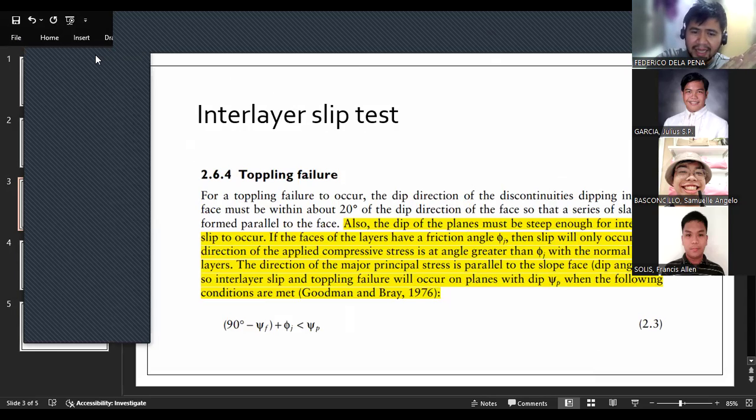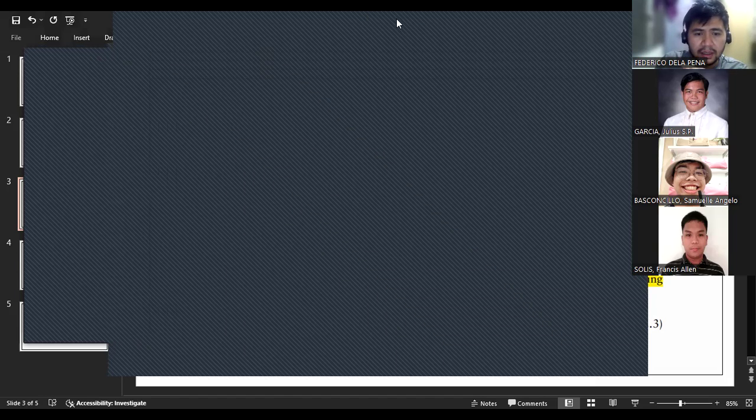This is quite lengthy to explain, but basically, when you're having a toppling failure, if this is the slope direction and these are your toppling blocks, as they undergo toppling there's still some friction existing between these blocks.